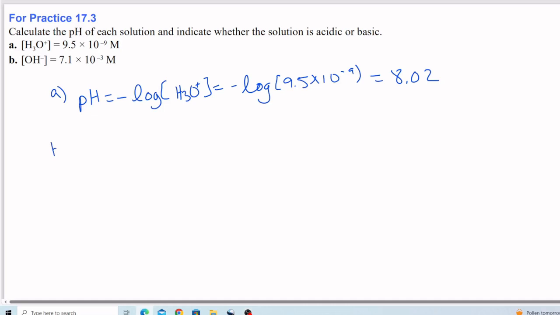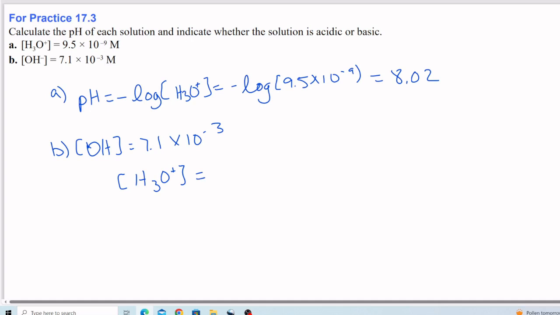So next we'll work problem B, which gives us the hydroxide ion concentration as 7.1 times 10 to the minus 3. So we need our hydronium ion concentration to calculate the pH, and the hydronium ion concentration times the hydroxide ion concentration is 1 times 10 to the minus 14, that's the Kw.